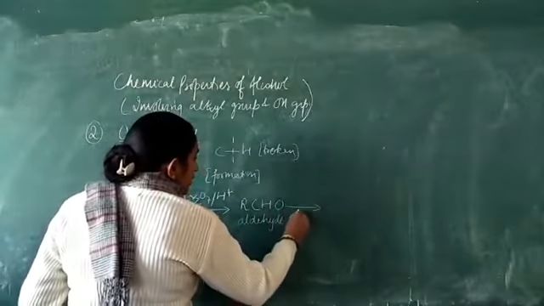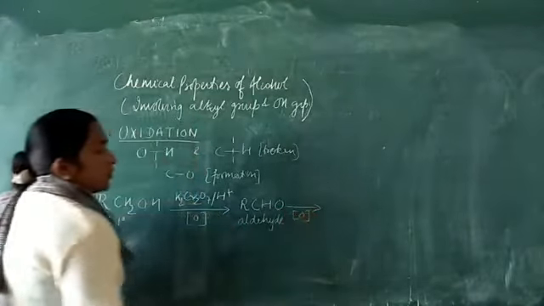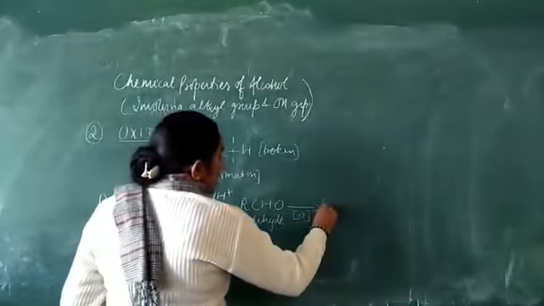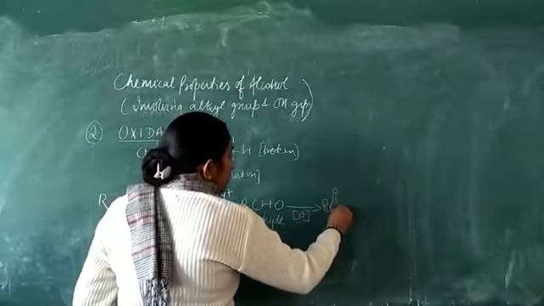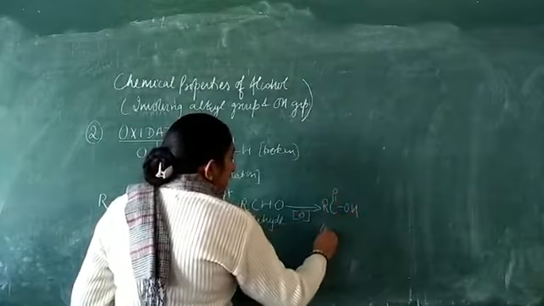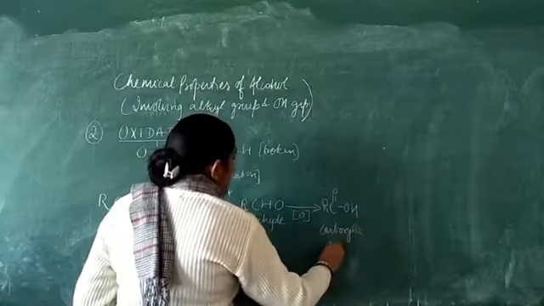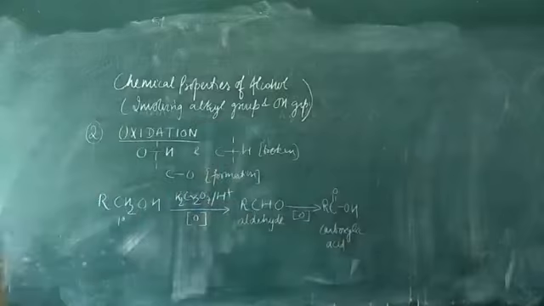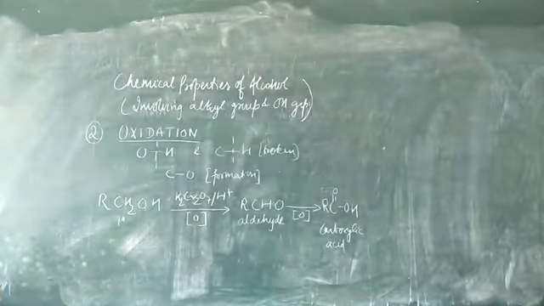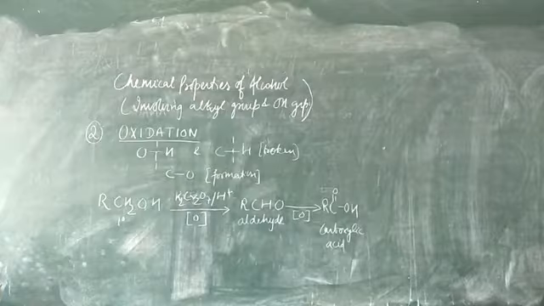The aldehyde will further undergo oxidation and carboxylic acid will be formed, which again has the same number of carbon atoms as is present in the alcohol and the aldehyde, the earlier product.